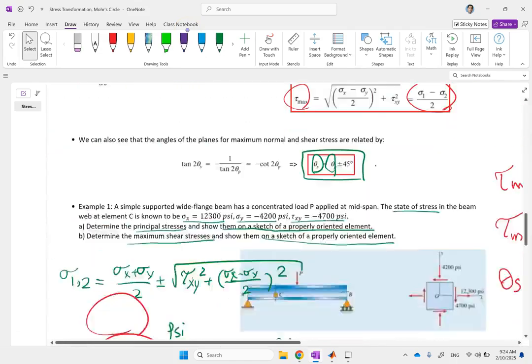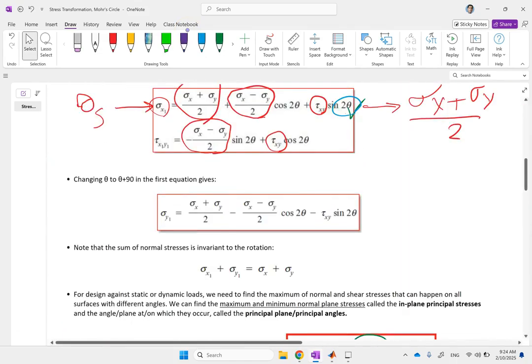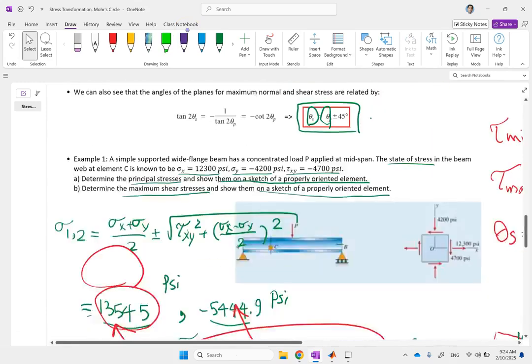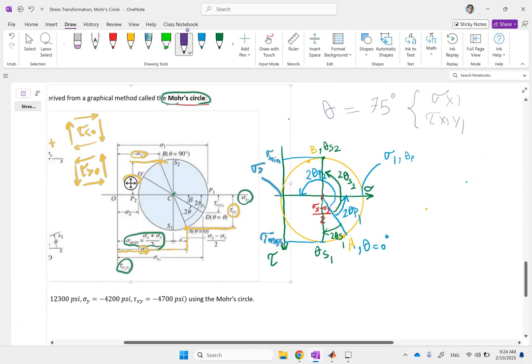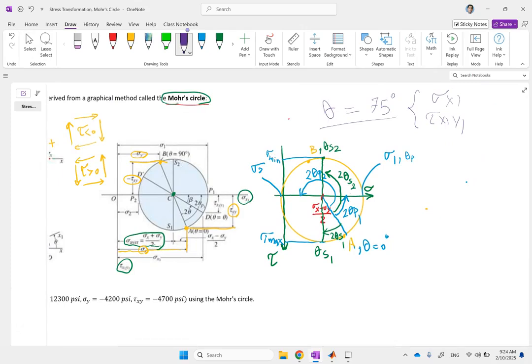So instead of going through these formulas, you can come back to the circle, and all you need is to multiply that angle by 2 and then move from A. So 2 times that is 150. So let's say 150 brings you to a location like this.